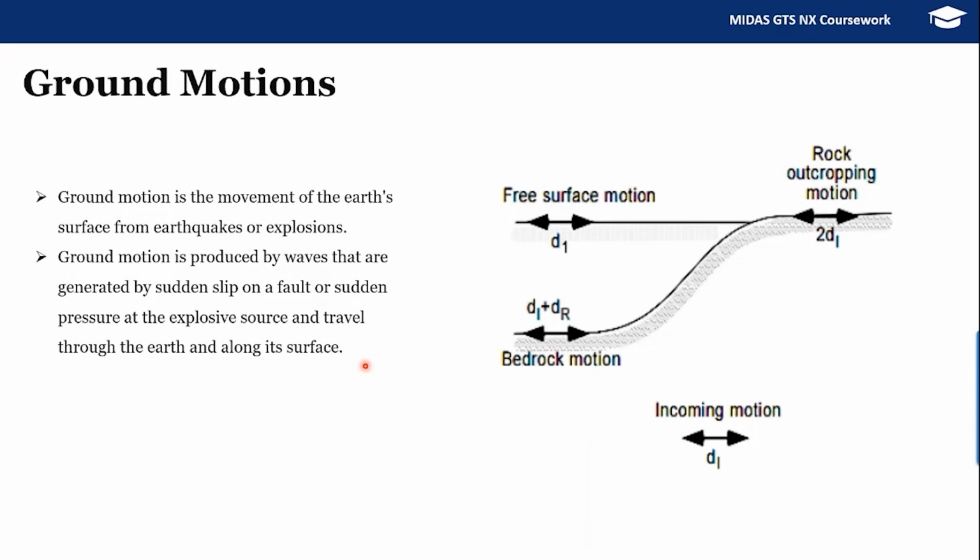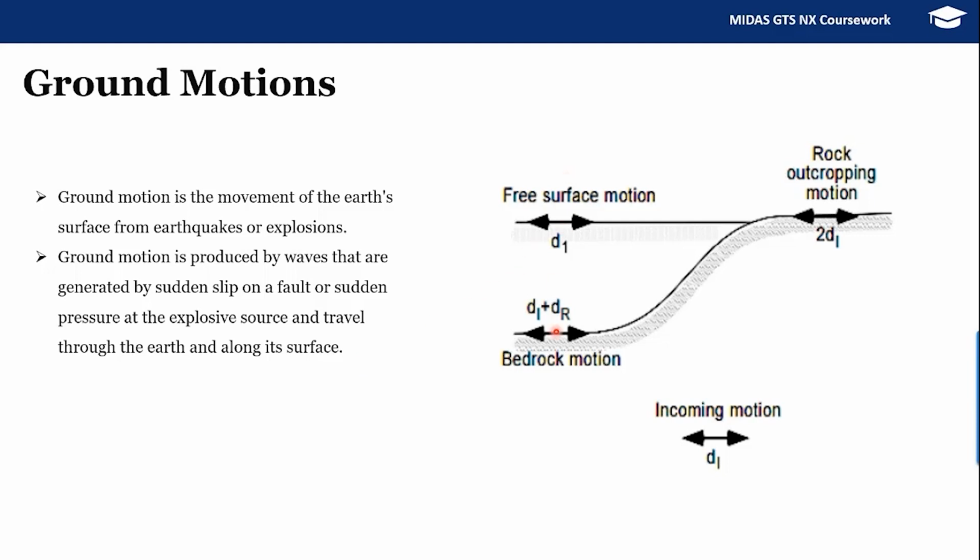Ground motions. Ground motion is nothing but the movement of the ground because of a dynamic load. That dynamic load can be either an earthquake or a blasting load. As you know, an earthquake occurs because of a sudden slip on a fault, and together with the load from blasting, these dynamic loads result in the generation of waves, which are body waves and surface waves, and these waves in turn create motions.